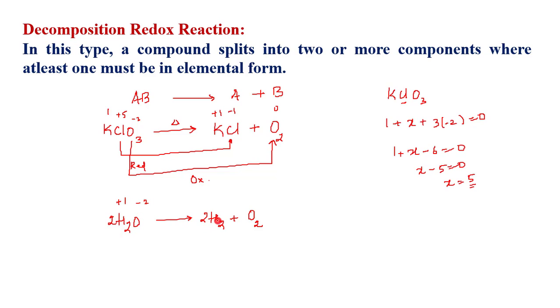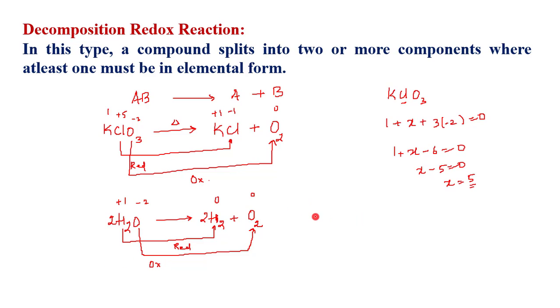Here both the products we are getting in elemental form. Hydrogen elemental form 0, oxygen elemental form 0. See what is the change? Hydrogen from +1 is becoming 0. There is a decrease in oxidation number. So it is what? Reduction. Oxygen from -2 is becoming 0. There is an increase in oxidation number. So it is oxidation. Okay.